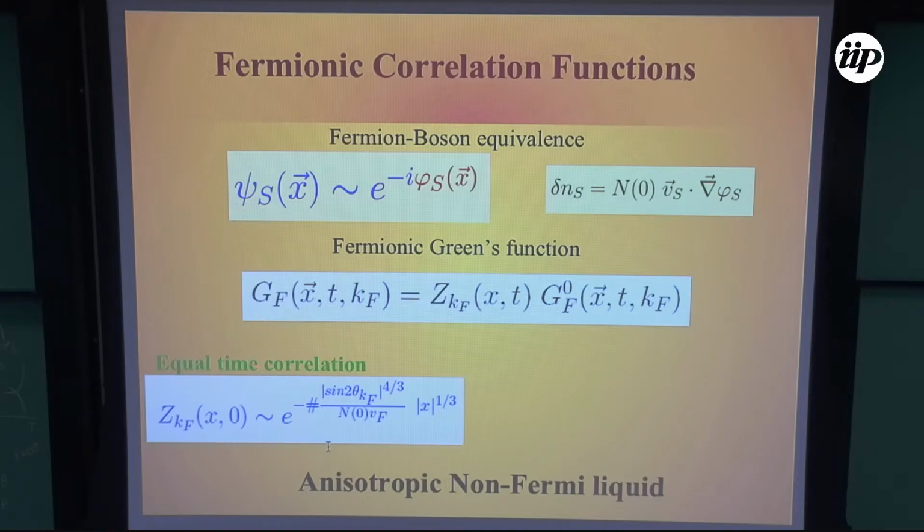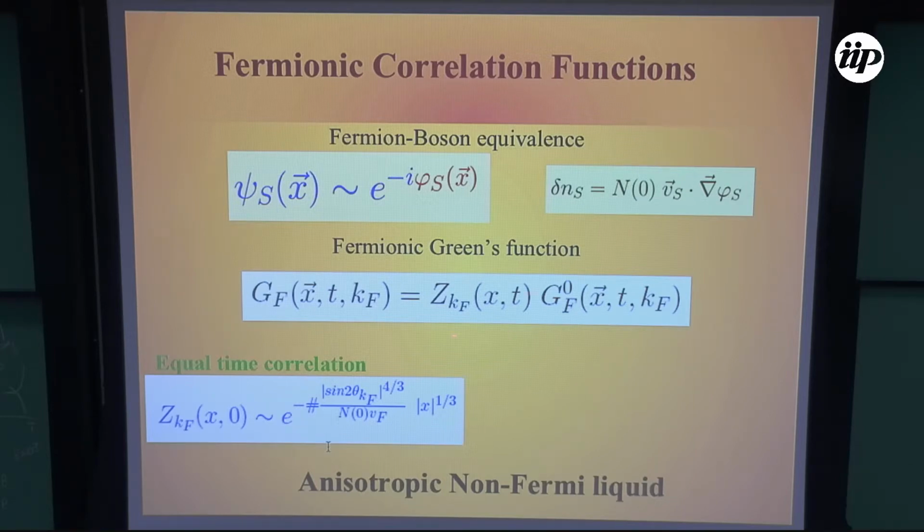Essentially you can compute, using the algebra that I showed you, the fermionic Green function, which is essentially the free function multiplied by a certain function z, essentially the wave function normalization.